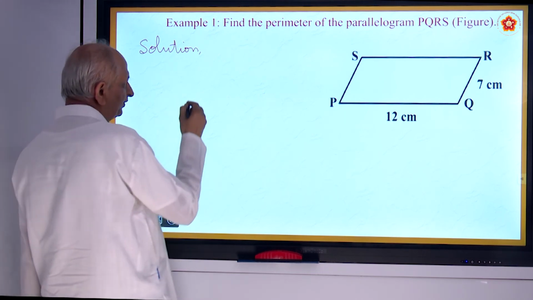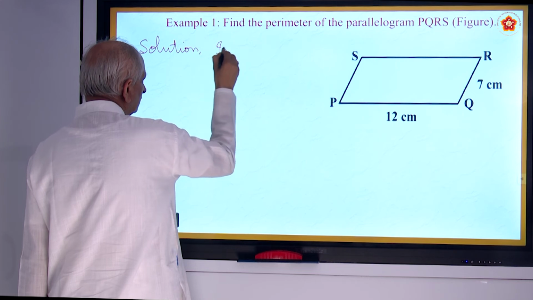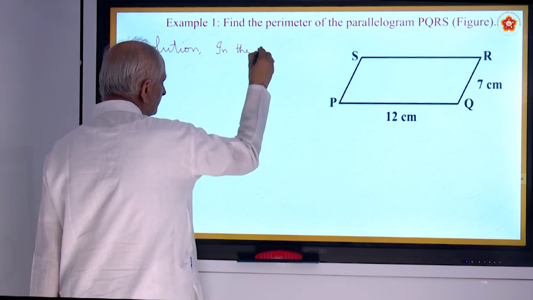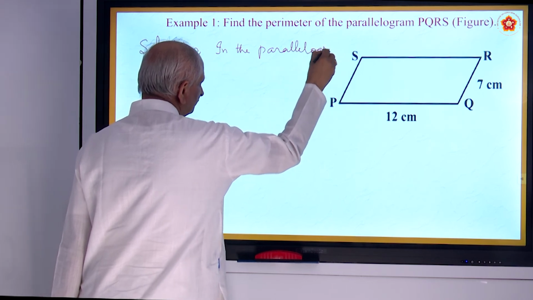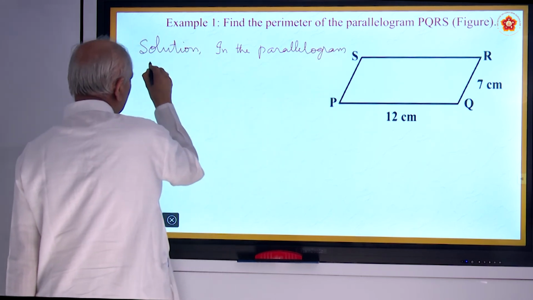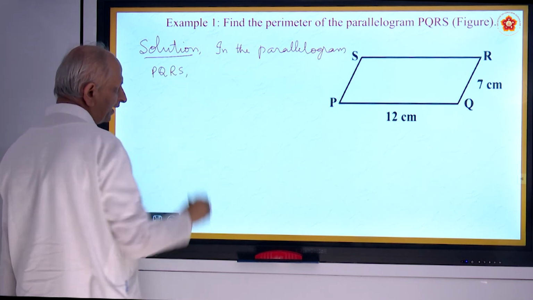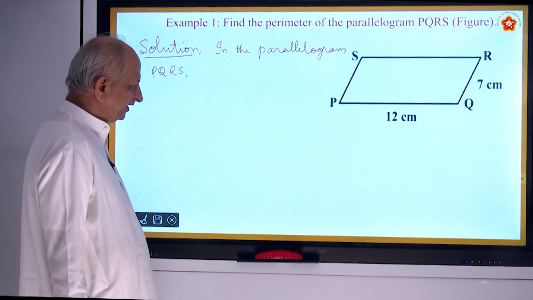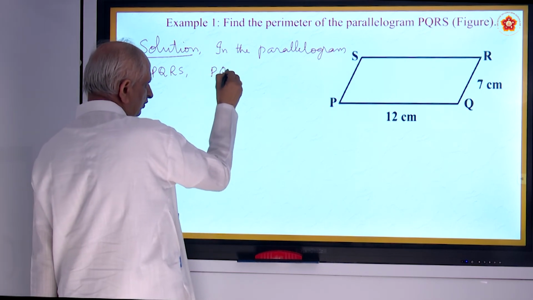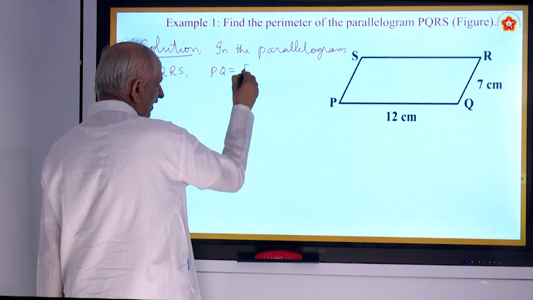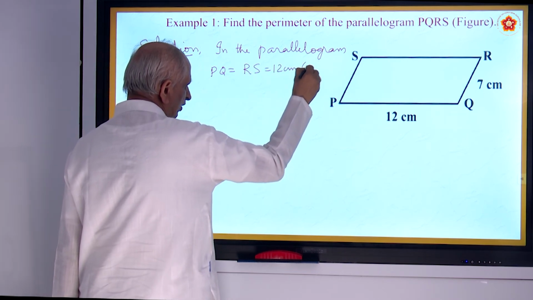In the parallelogram PQRS, opposite sides are equal, no? What are the opposite sides? PQ is equal to RS is equal to 12 centimeters. They are opposite sides.